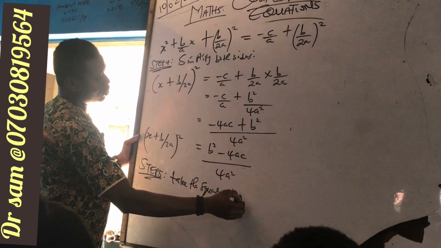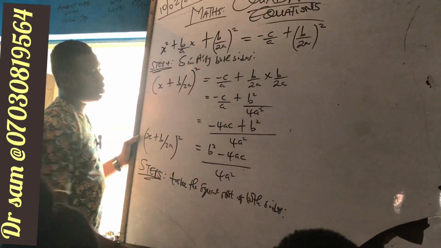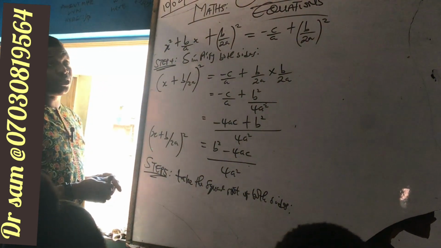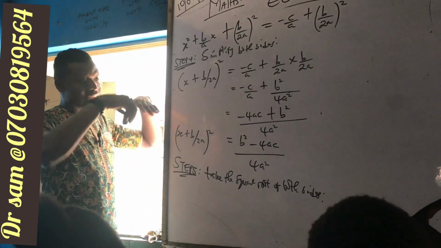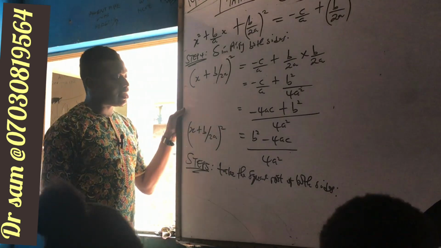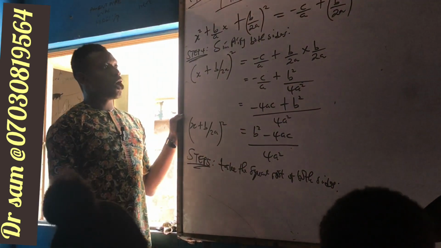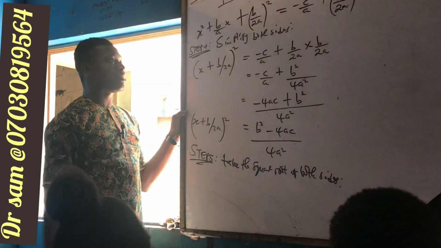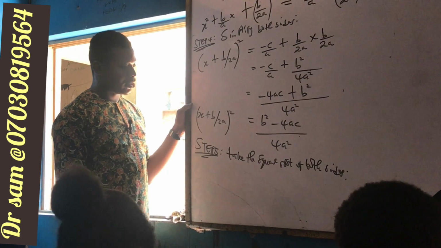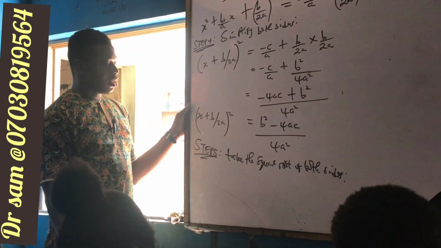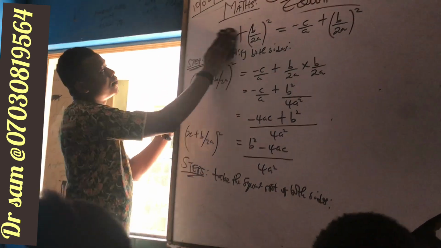Please don't forget, we are deducing or proving or deriving the quadratic formula, how the formula came about. It all began from the completing the square method. So let's take the square root of both sides. I'll do that up here.